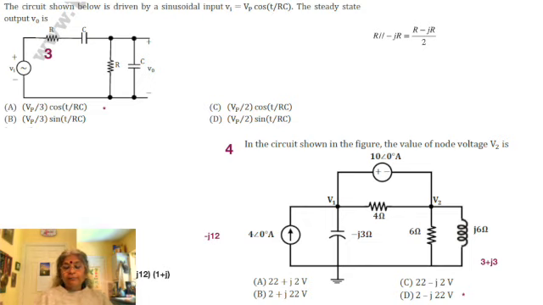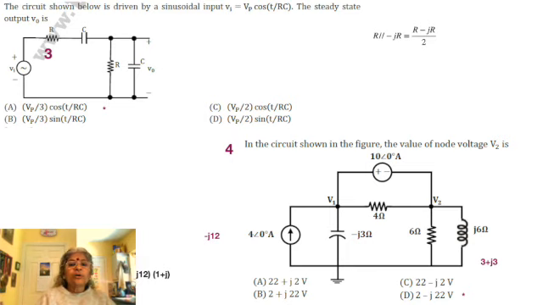The 5 ampere source has 100 plus 40, 140 volts in the same direction, so it is also delivering power, 5 into 140, 700 watts. For the 40 volt source, the current and voltage are in opposite directions because the 5 ampere flows in the opposite direction, so 200 watts is being consumed. The largest consumer is 1500 watts, and the minimum delivered is 700 watts by the 5 ampere source. So 1500 by 700 is the ratio required.